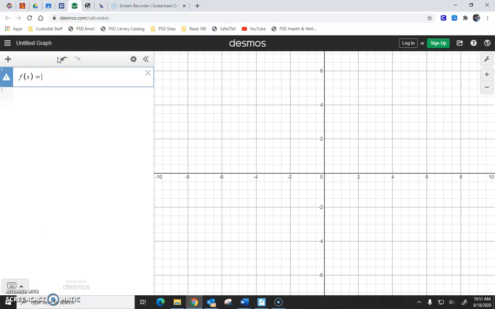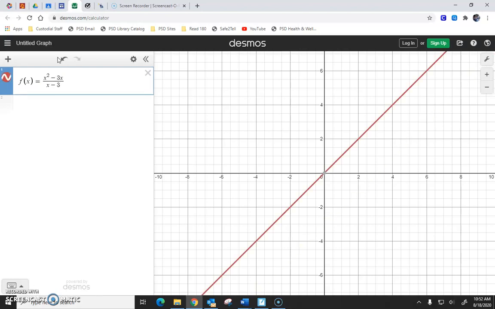So if I type in f of x equals x squared minus 3x over x minus 3, I get a line. And it's just a line, looks like, that goes through the origin and has a slope of 1. So if I type in g of x equals x, well, that sure looks like it's the same line.